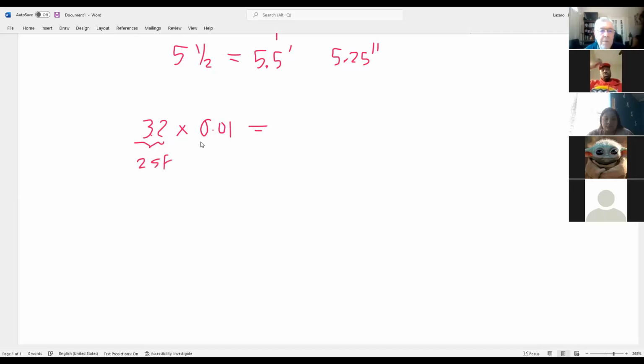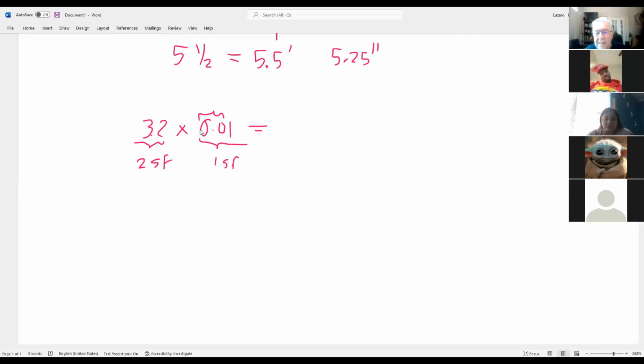And how many significant figures does 0.01 have? One. Okay, you're right. Only one significant figure. Why? Because the zeros to the left are not considered significant.